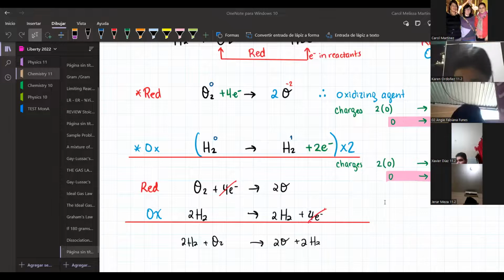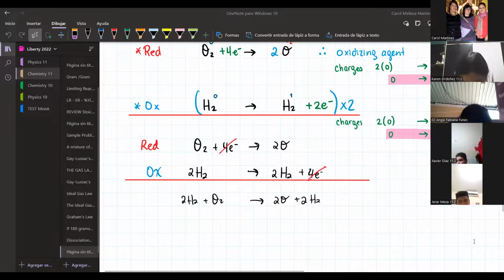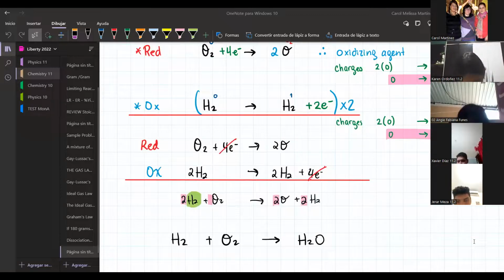So you have your coefficients, the 2 and the invisible 1 over here, and the 2 for each on the other side. You copy the main formula: H2 plus O2 equal to H2O. So for H2, I'm going to put a coefficient of 2.